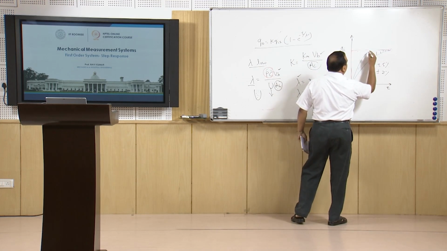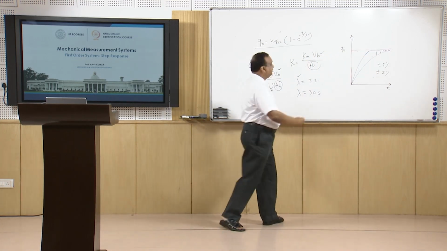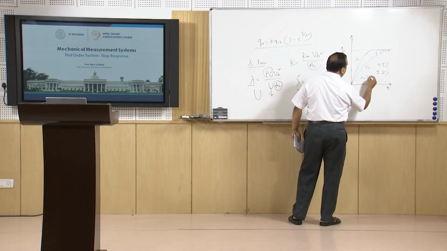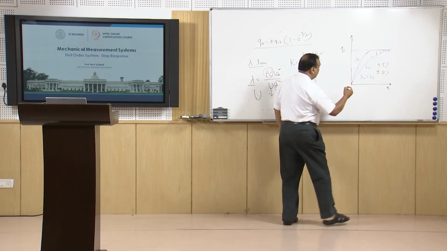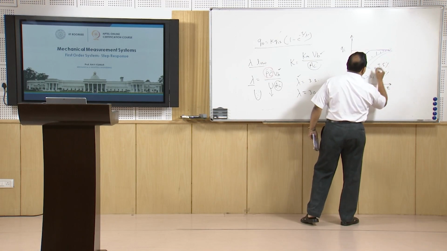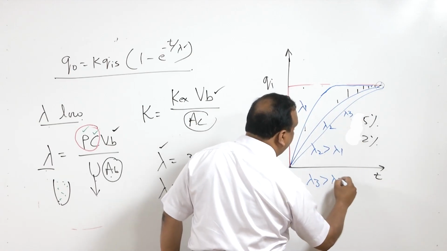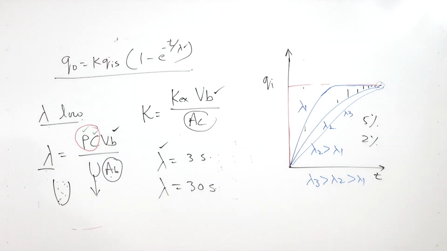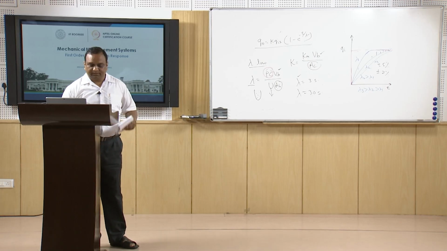Suppose this is lambda 1 and this is lambda 2, and lambda 2 is greater than lambda 1. In this case, the response is sluggish. You have another instrument with lambda 3, so lambda 3 is greater than lambda 2, which is greater than lambda 1. This is how the system responds for different time constants.